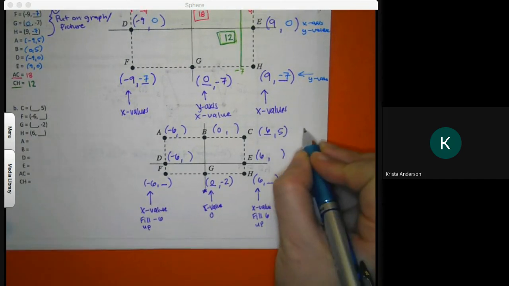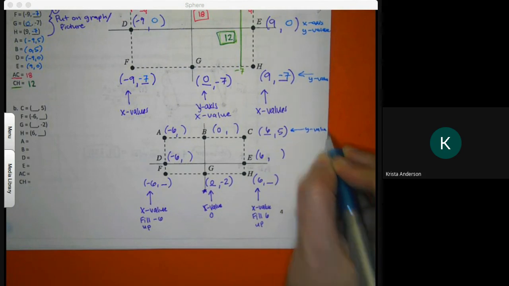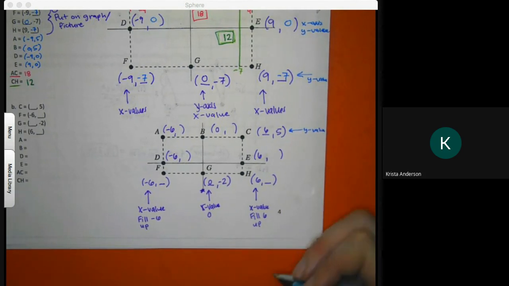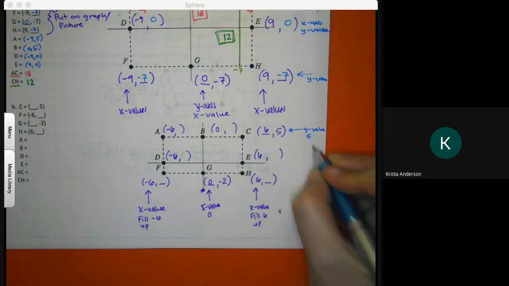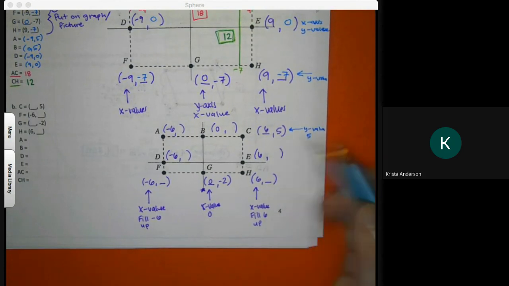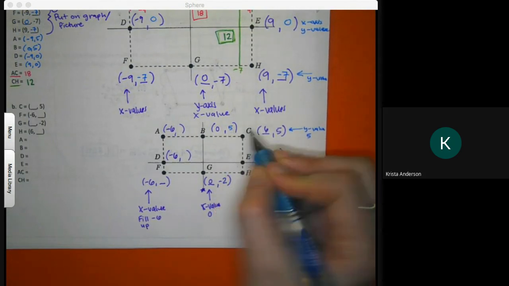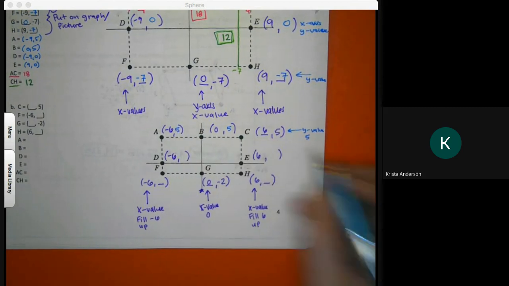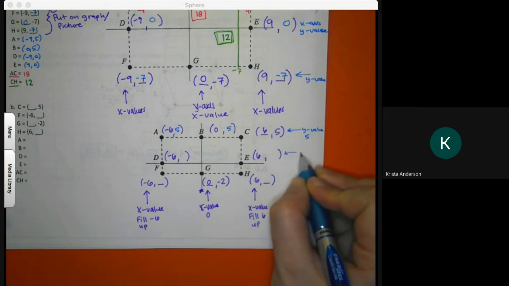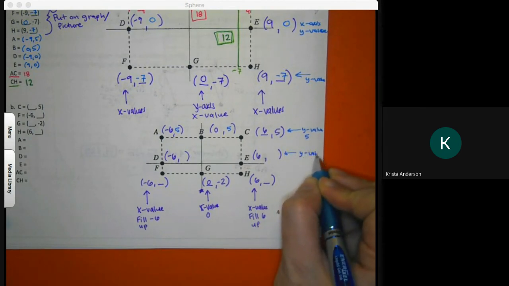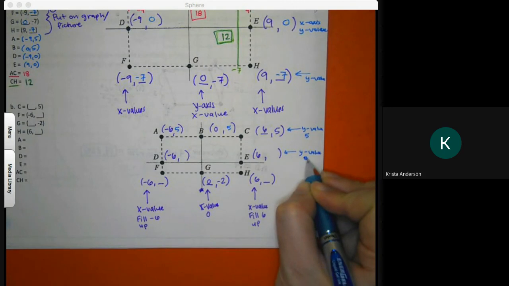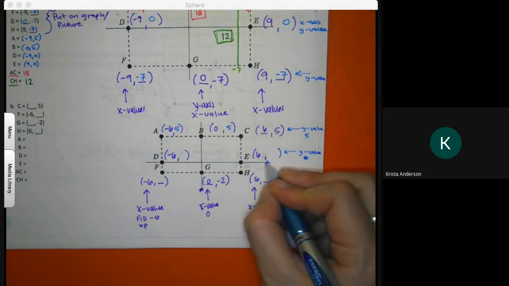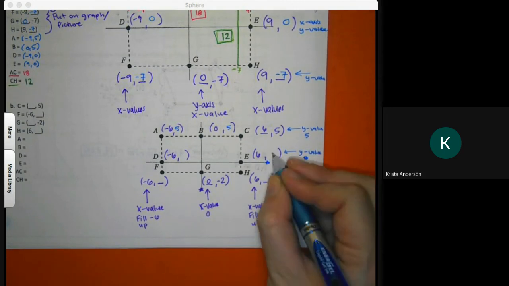For the y values, what number is on the right side? The 5. So I will place a 5. My y value will be 0 because it's on the x-axis.